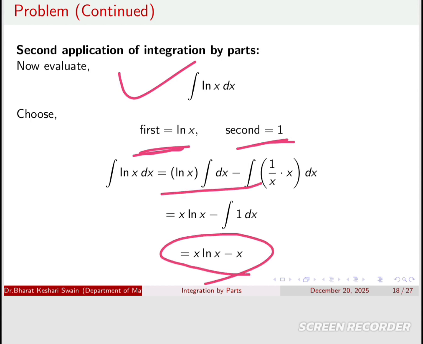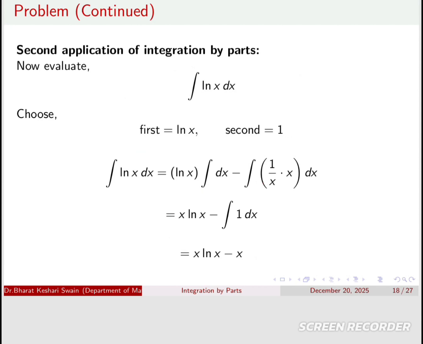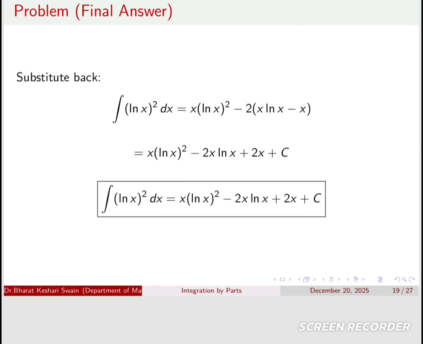The result of ln x dx is x ln x minus x. So put this value in the previous one and we will get the final answer: integration of ln x whole square equals x ln x whole square minus 2x ln x plus 2x plus c.